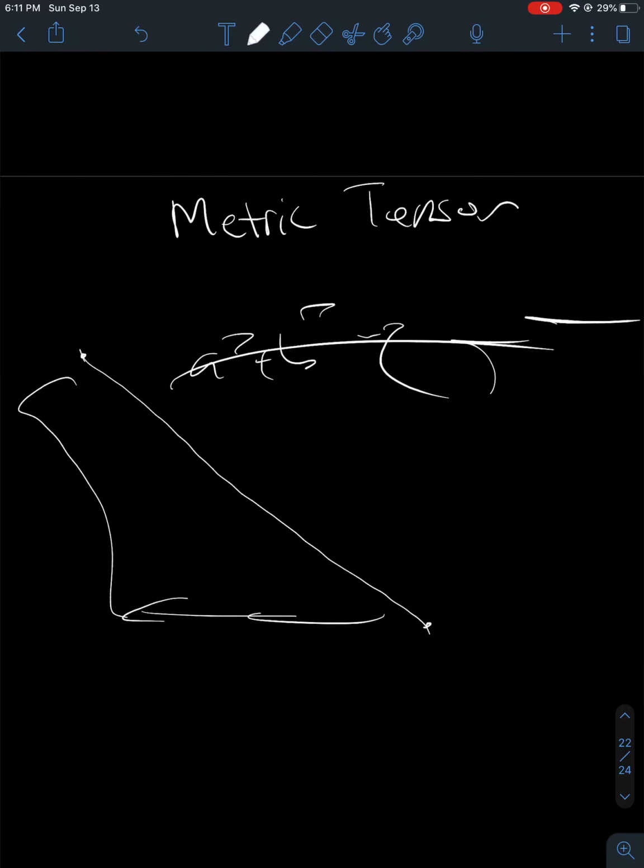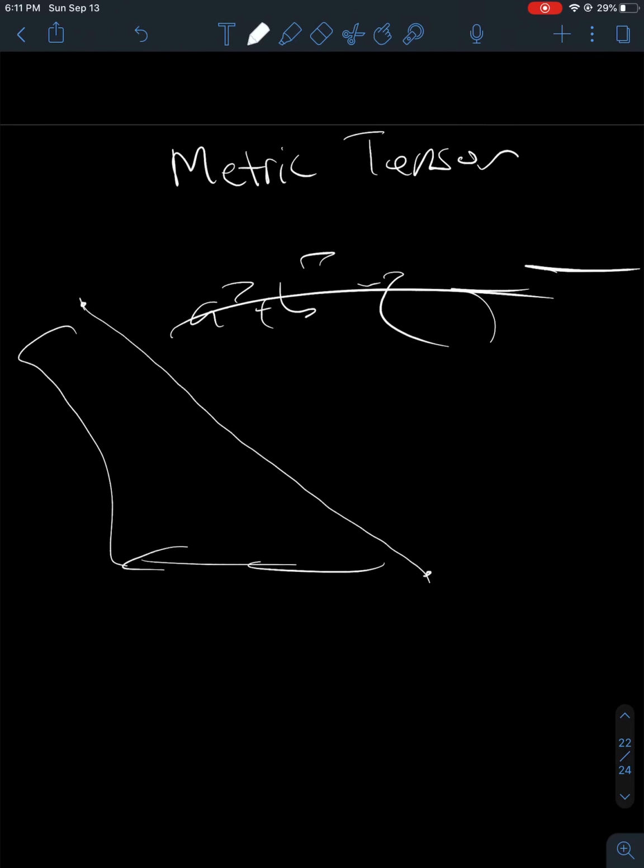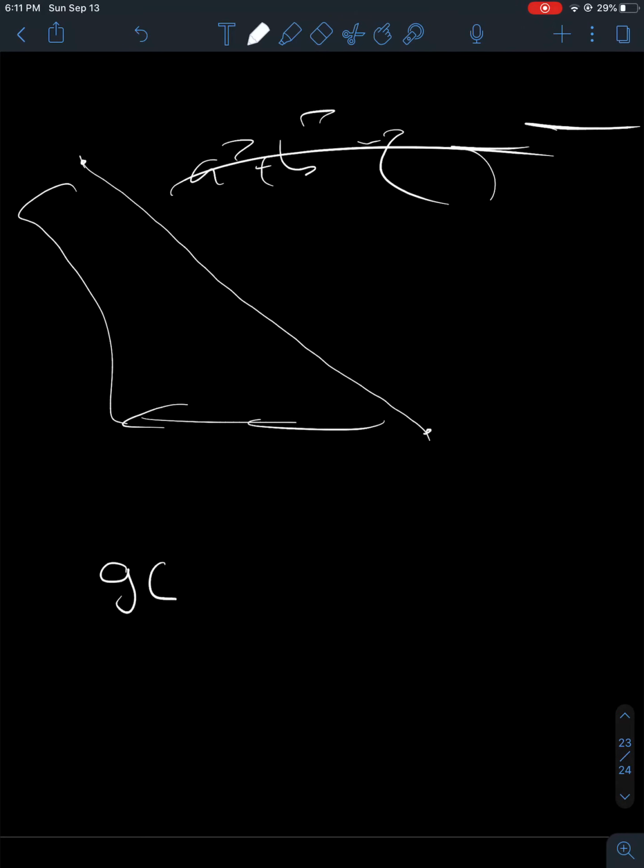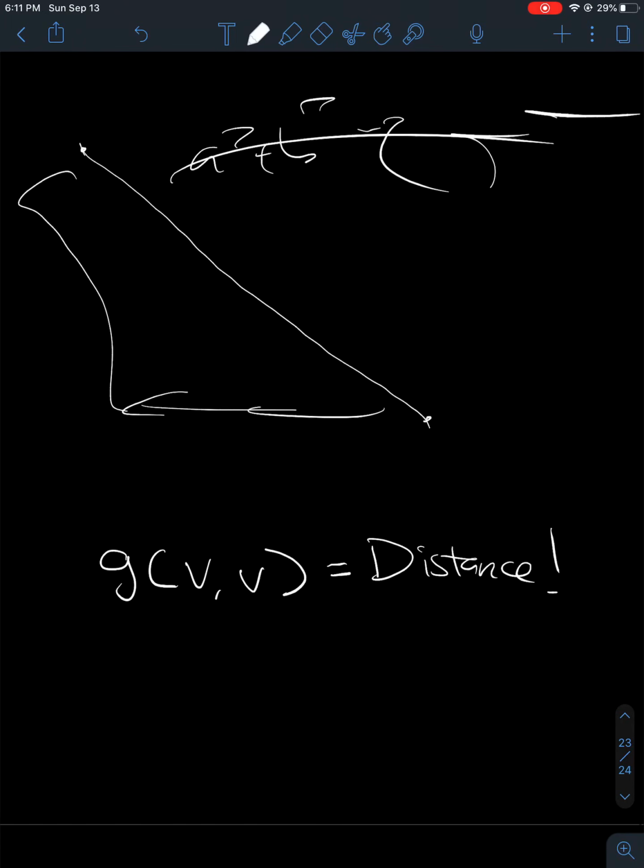The general formula for distances uses the metric tensor. The metric tensor acts on a vector twice and gives you the distance, aka the length, of that vector.